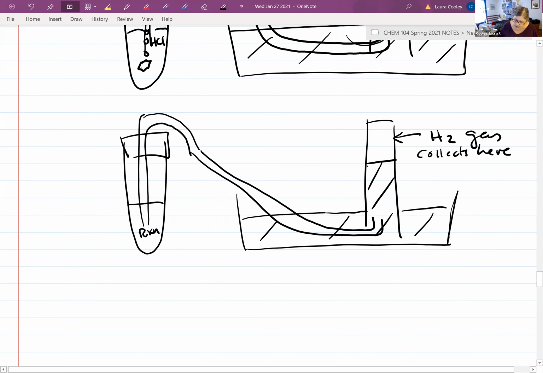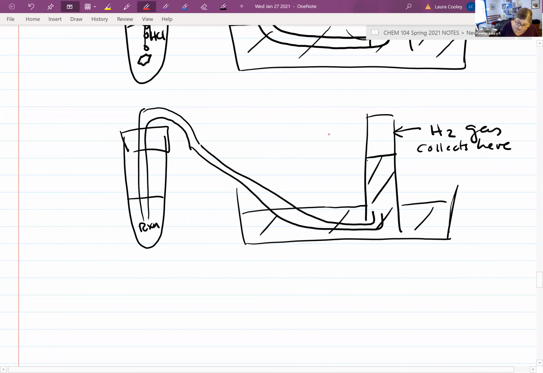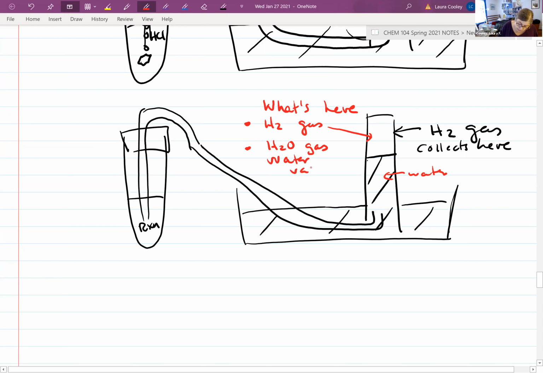So what's in here? Obviously we have H2 gas, but because we have water here, we also have H2O gas. We have some water vapor.